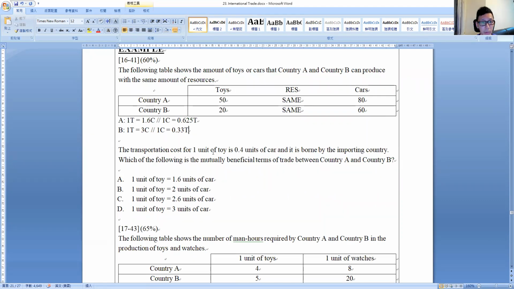Now the transportation cost. The transportation cost for 1 unit of toy is 0.4 unit of car. 嗱，佢而家嚟講啦。1t 對幾多嘛？我哋寫翻個 range 出嚟先。The range should be 1.6C to 1t to 3C，應該要佢中間先得啦，係咪啊？Now it says there is a transportation cost and it's borne by the importing country.